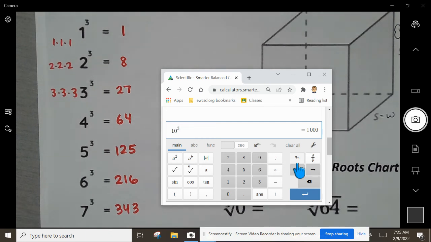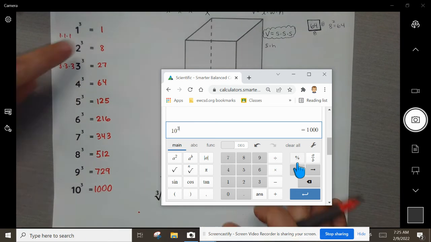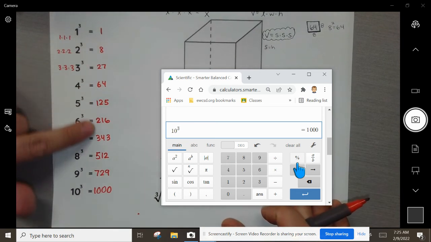Okay, so you filled out your whole sheet, hopefully, all the way down. And these are all your cubes, pretty much, your values.